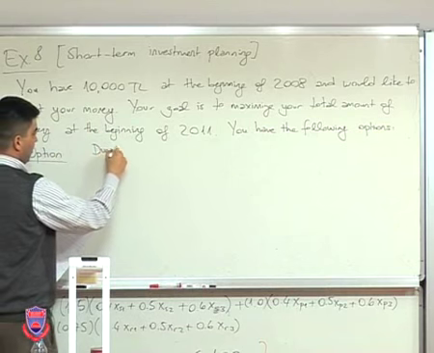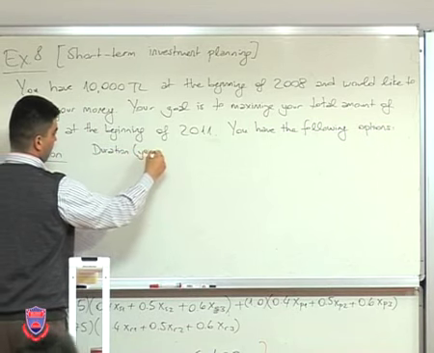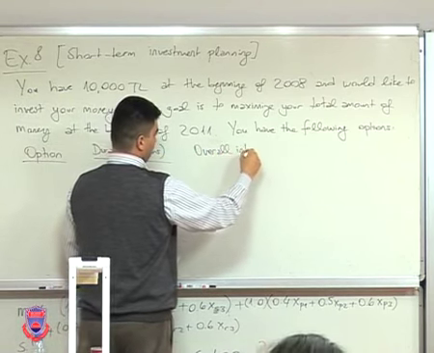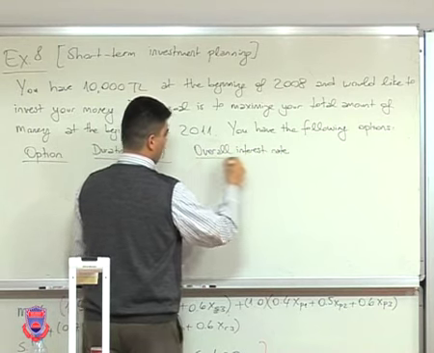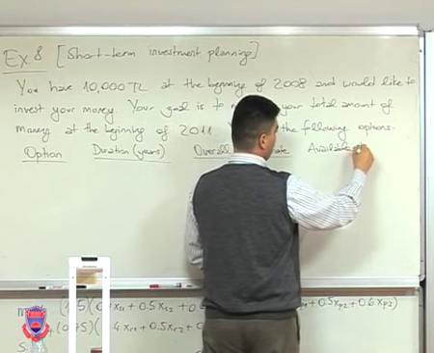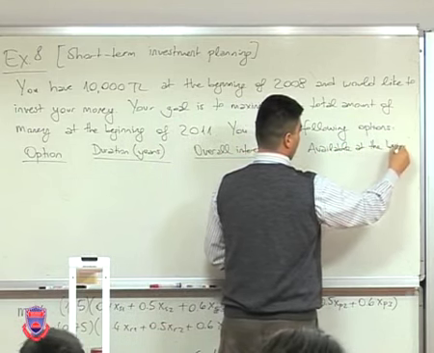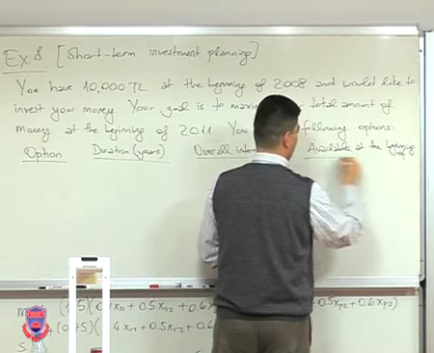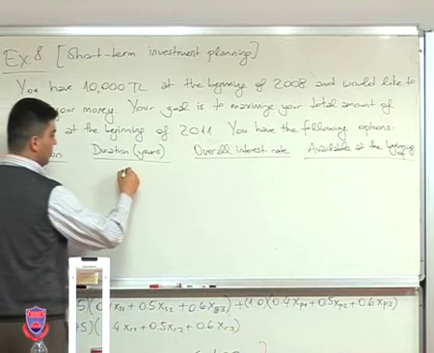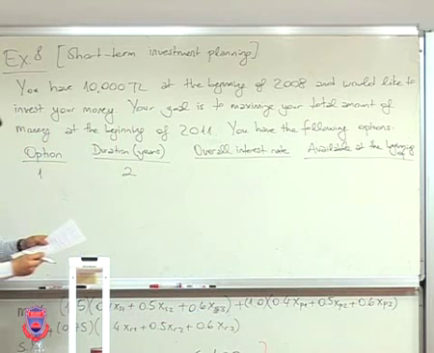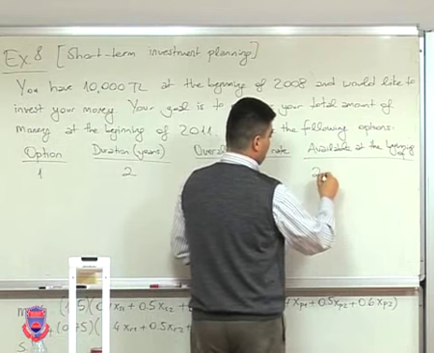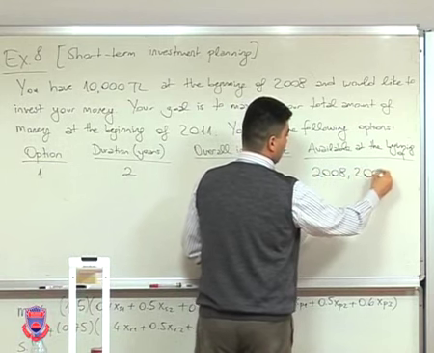Then here is the duration in terms of years. Then we have the overall interest rate. And then this option is available at the beginning of which years. So option number 1 is a 2-year option, and the overall interest rate is 26%. And this option is available at the beginning of 2008 and 2009.